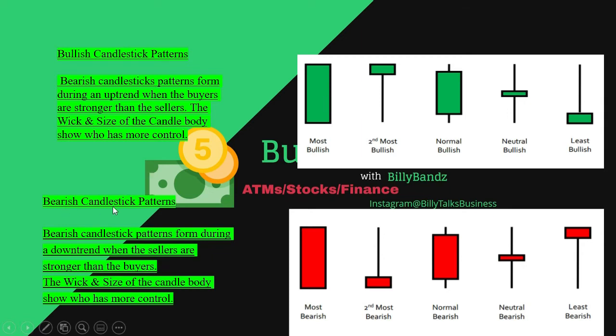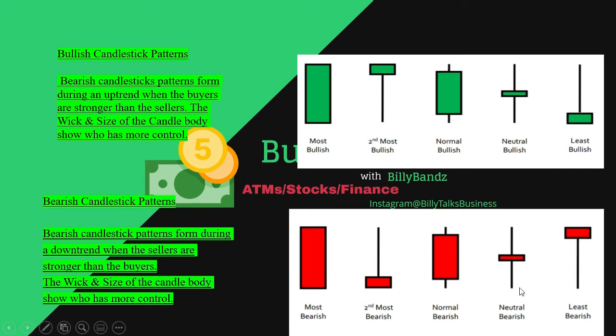So for the bearish candlestick patterns that we're going to go over now, bearish candlestick patterns form during a downtrend when the sellers are stronger than the buyers. The wick and size of the candle body show who has more control. So again, same concept. This is least bearish because the buyers are stepping in, pushing the price up.